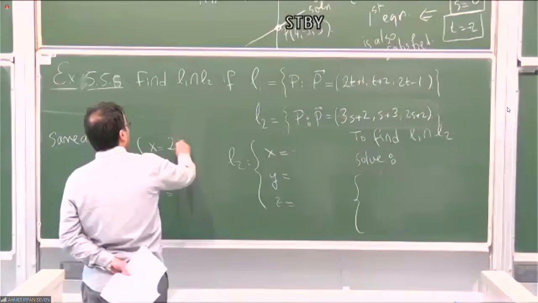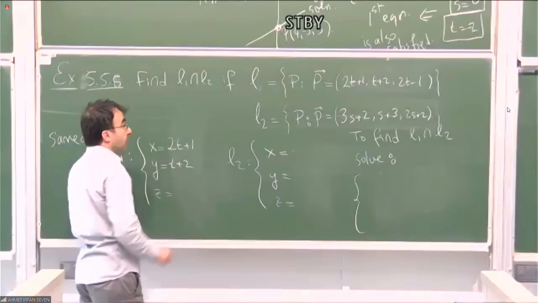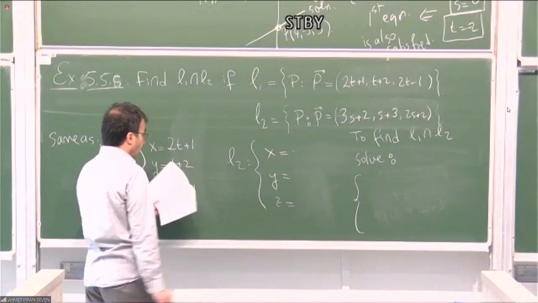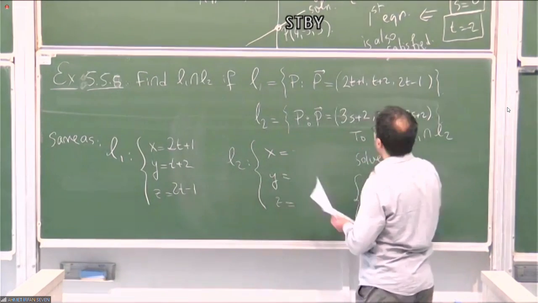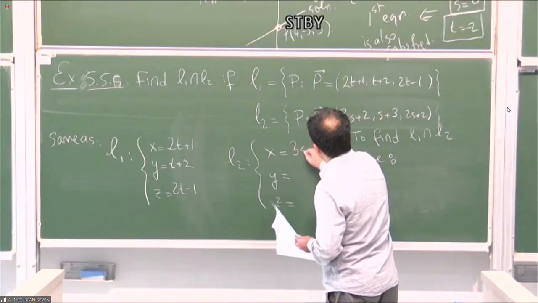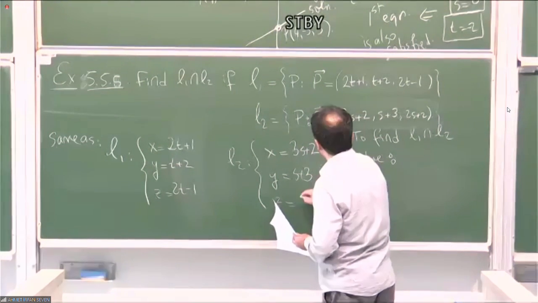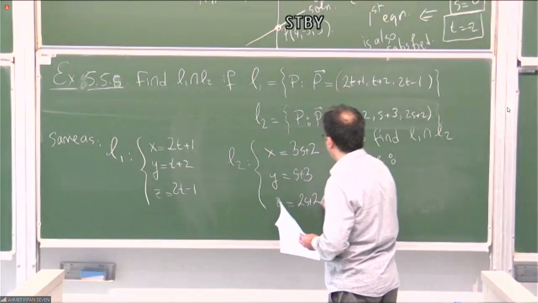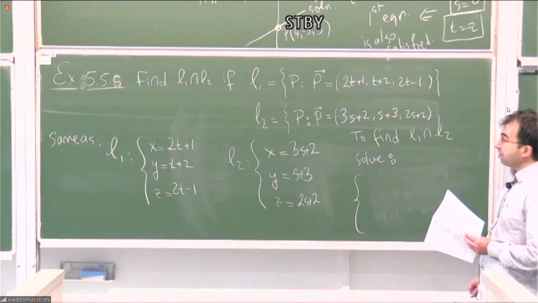L1: x will be 2t plus 1, y will be t plus 2, z will be 2t minus 1, and L2 will be x equals 3s plus 2, y equals s plus 3, and z equals 2s plus 2.